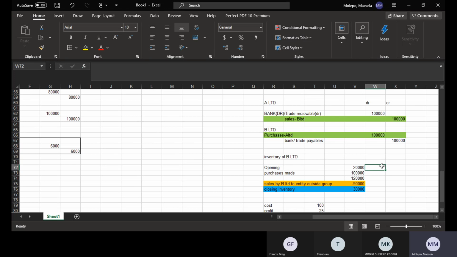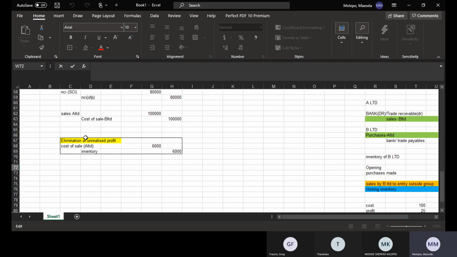That profit realized needs to be eliminated because it's now included in the profit of the parent. So we say 20,000 times 25 divided by 125. So it's 4,000. Here is the elimination of the profit realized.